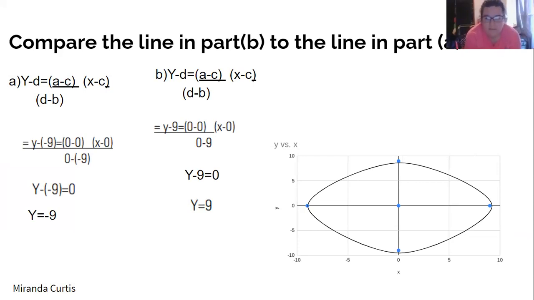So this will give us the tangent line of the 0, negative 9, and 9, 0. And notice that both lines have the same slope, and therefore the 2 lines are parallel. And both of our answers that Elizabeth, Molly, and Allison have discussed in the last question. Good job. Great job.